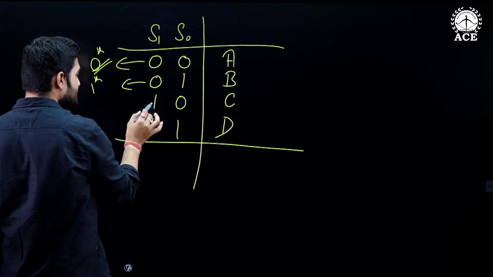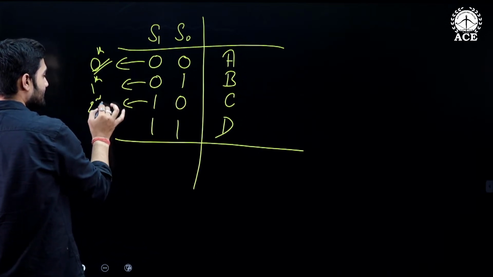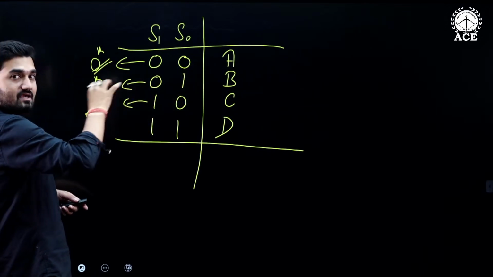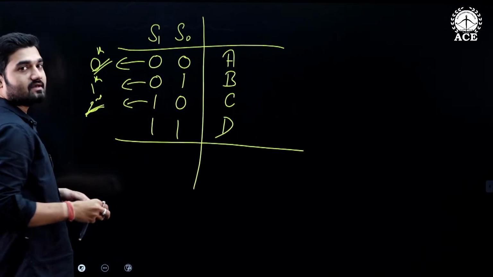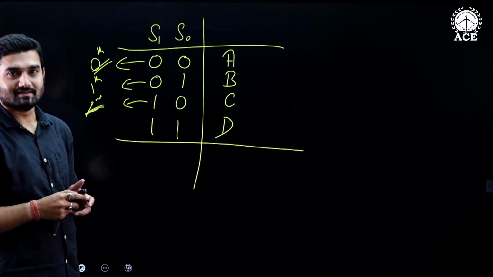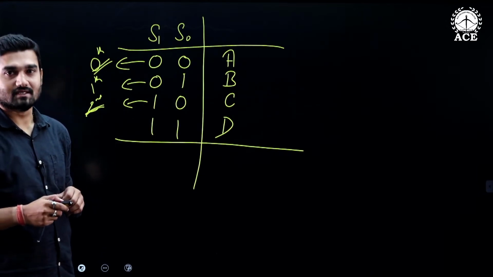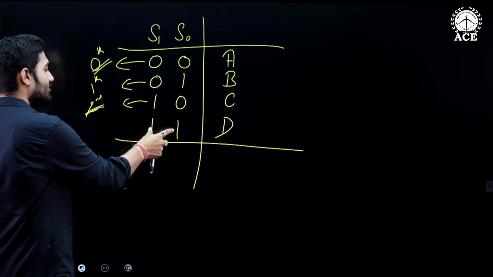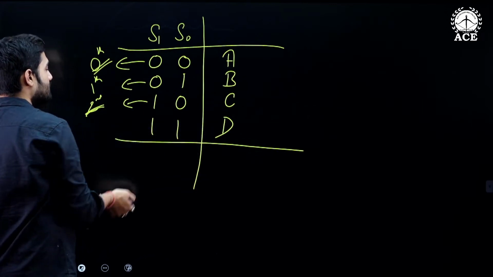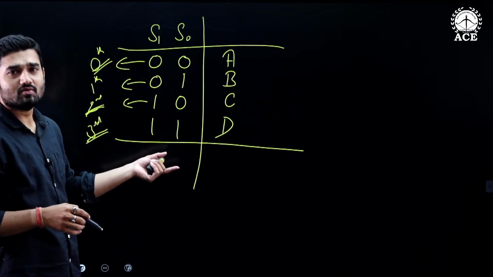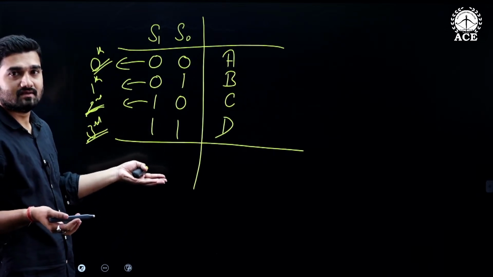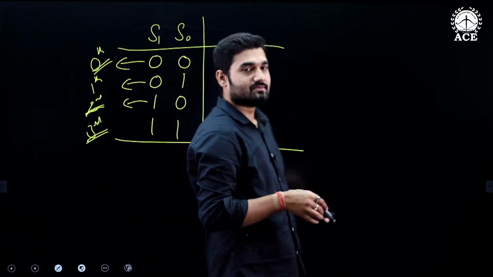In the same way, register C is present at the second input of every MUX, so register C output will be there the moment you provide 1, 0 at the select line. I think you are with me till now. In the same way, when you provide 1, 1, the D register is at the output, because this is how your MUX is working. Okay, fine. Now we got to know something.